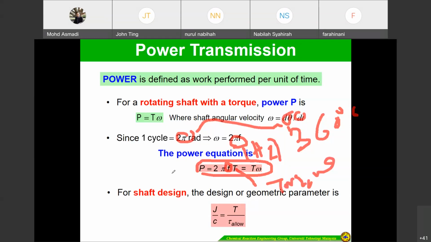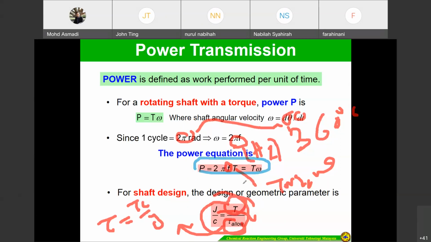So we can relate this to the previous example. For shaft design, you still remember this one? The original equation is tau equals Tc over J. So we can calculate this T and substitute into this one.